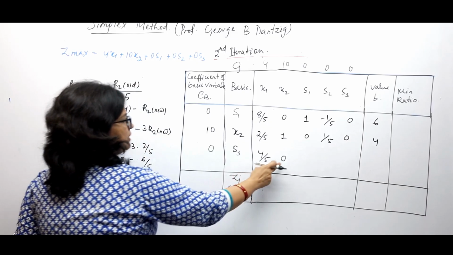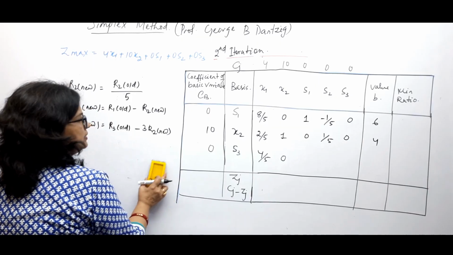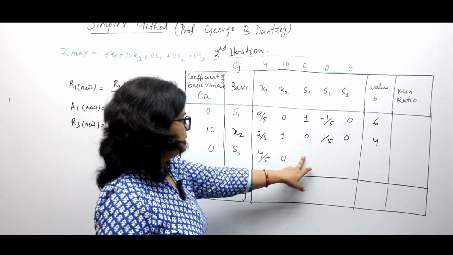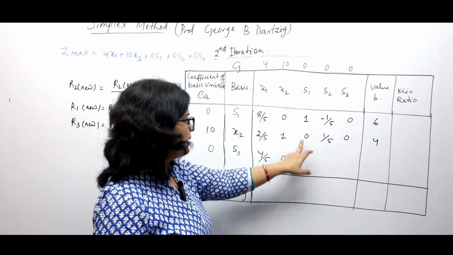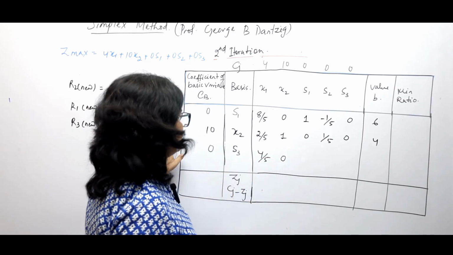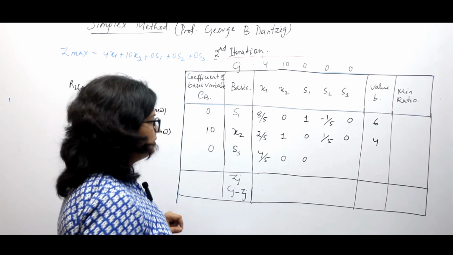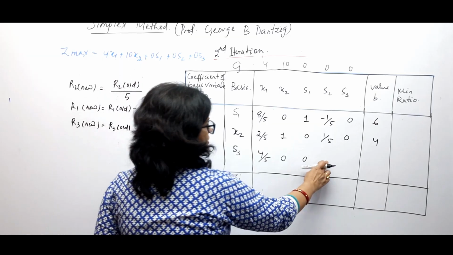Then this is 0 we got. The next value you can calculate: in our previous table we are having here 0. So 0 minus 3 into 0, that is 0. Then in our previous table this value is also 0.